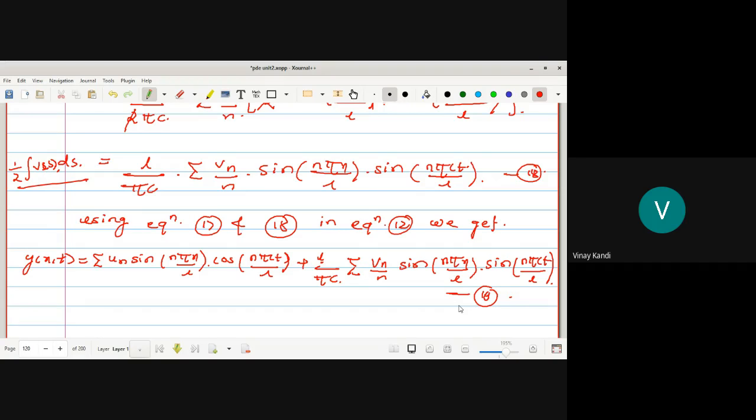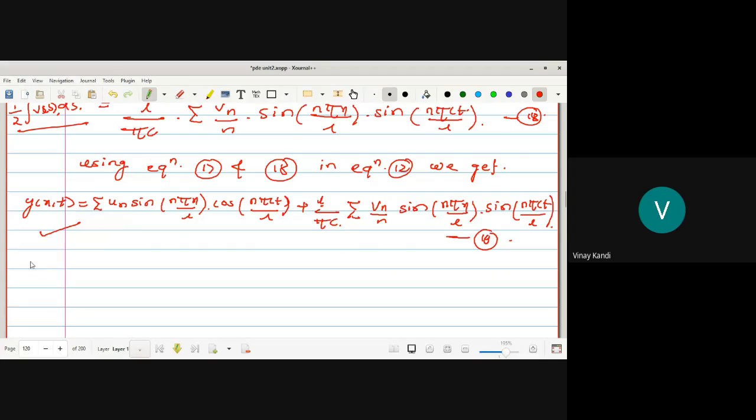Okay, now we have to show that all the 4 initial and boundary conditions satisfy this equation. Okay, जे काही तुमची इनिशियल आणि बाउंड्री कंडिशन आहेत हा जो सोल्युशन आहे y of xt हा सॅटिस्फाय करतो हे प्रूव्ह करायचं. Okay, now differentiate with respect to t first.